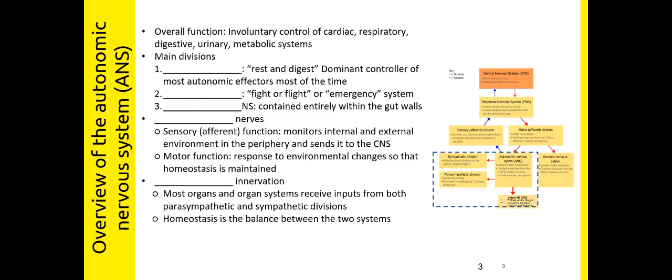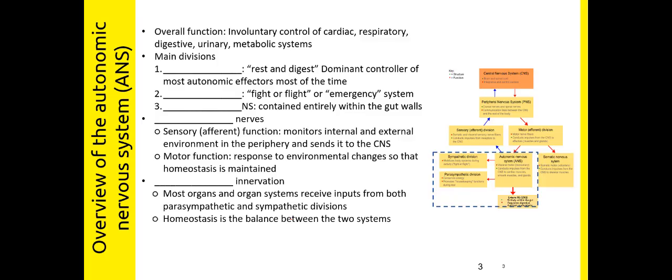In terms of the autonomic nervous system, the overall function of the ANS is to control cardiac, respiratory, digestive, urinary, metabolic systems without any conscious perception. So it's involuntary control, which is awesome because then our hearts still beat when we're sleeping, we're still breathing when we're resting, when we're eating.